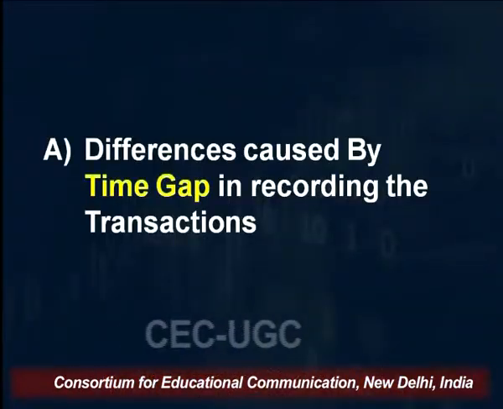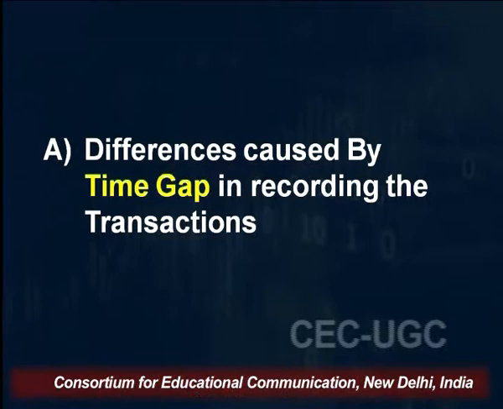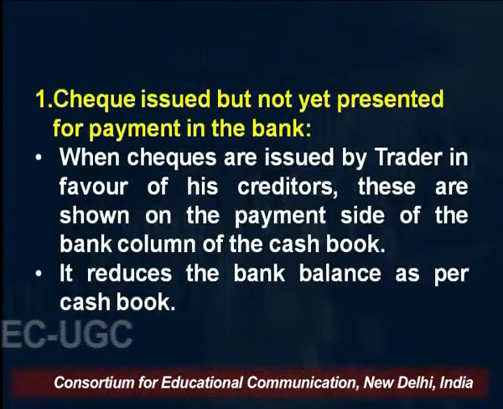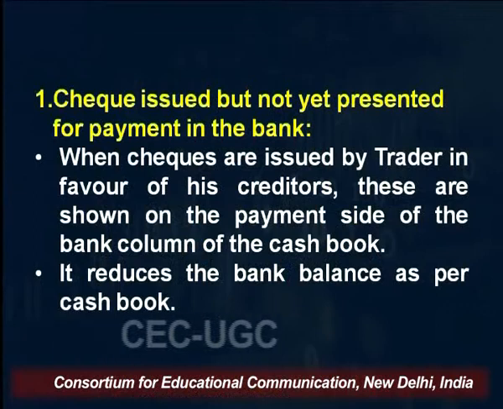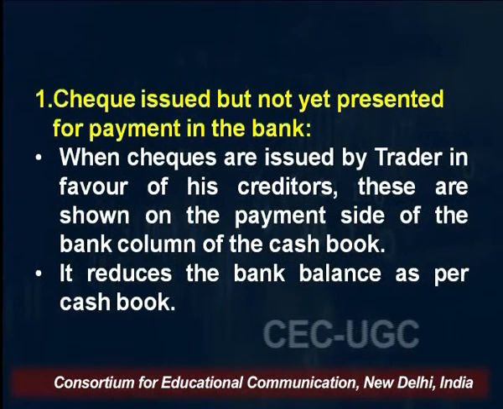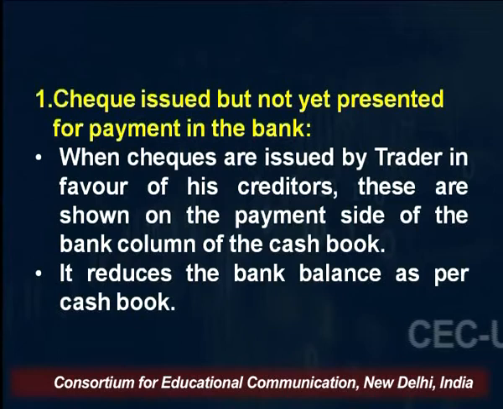First, the differences which are caused by the time gap in recording the transaction. Let's discuss all those reasons. The first is when a check is issued but not presented for payment in the bank. If we have issued a check but it is not presented for payment in the bank, what will happen?